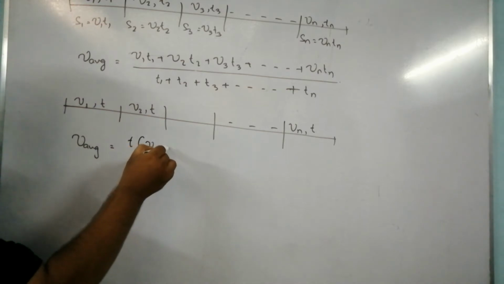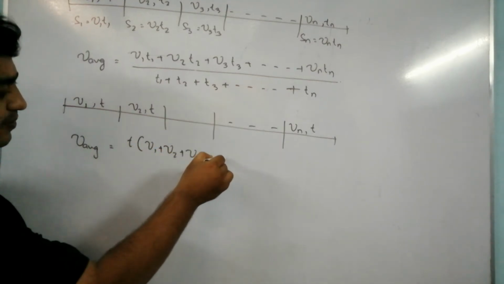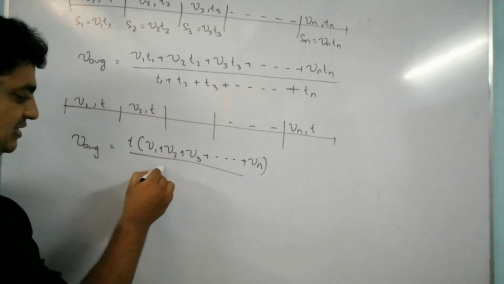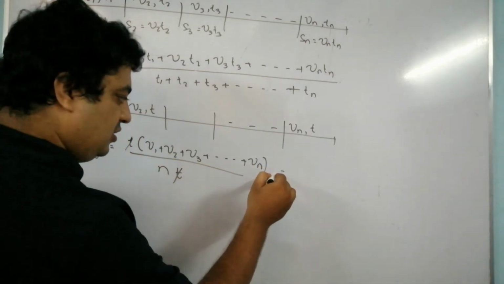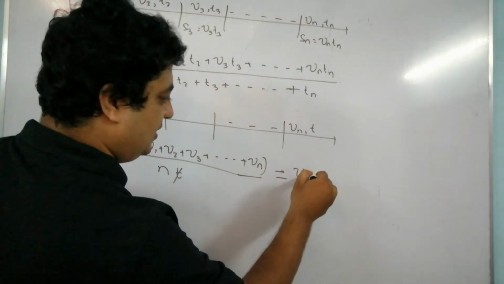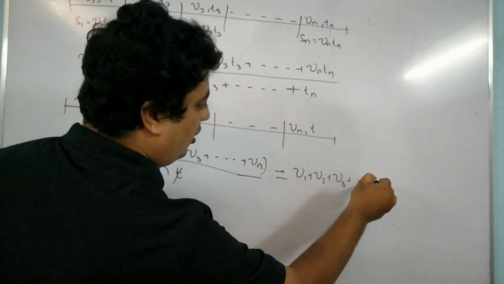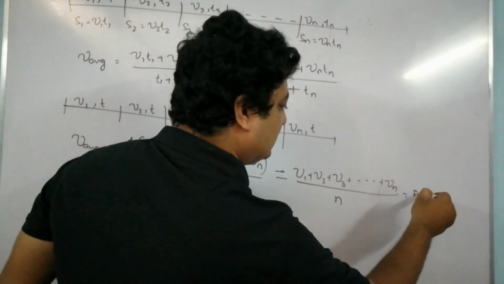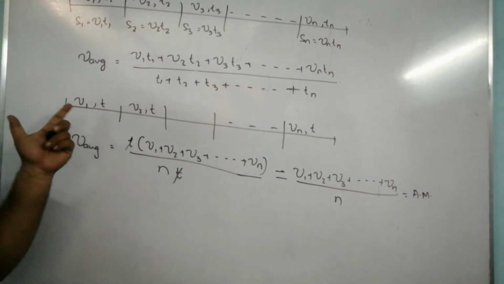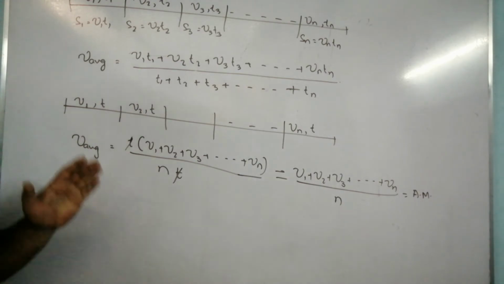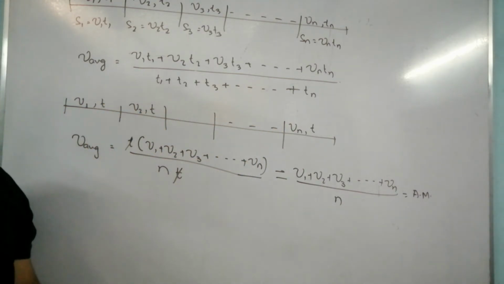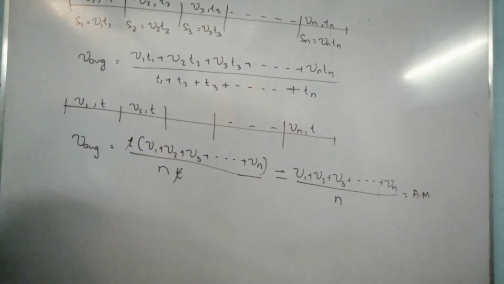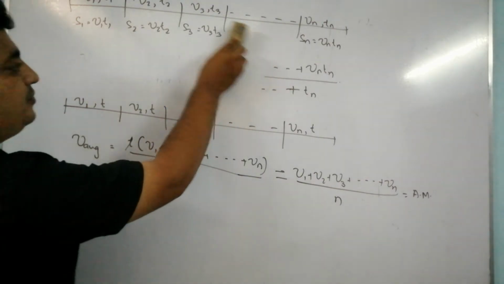Taking t common, it will be v1 plus v2 plus v3 up to vn, and t plus t plus t n times, that is equal to nt. So it becomes v1 plus v2 plus v3 up to vn divided by n. We can say this is the arithmetic mean. So if a body moves with different speeds for equal intervals of time, its average speed will be the arithmetic mean of all speeds.